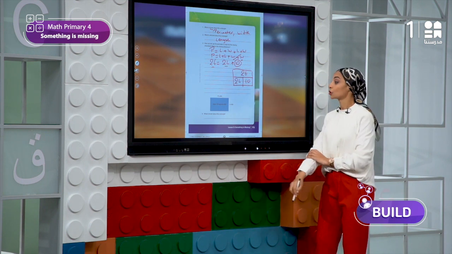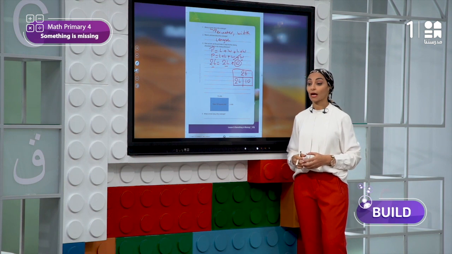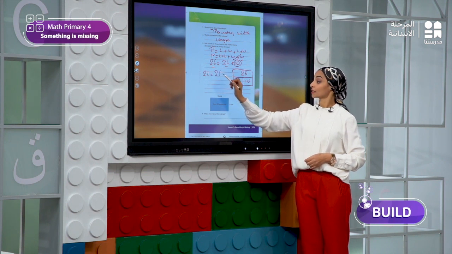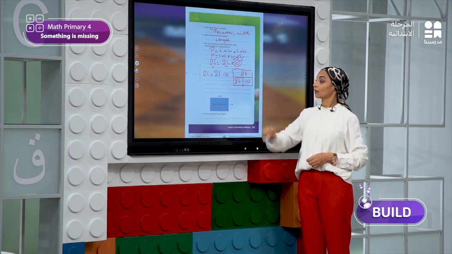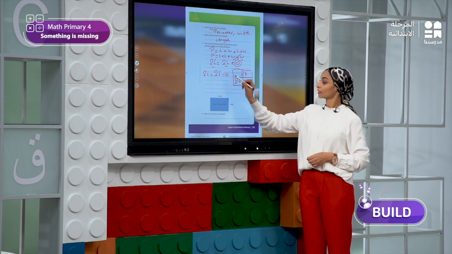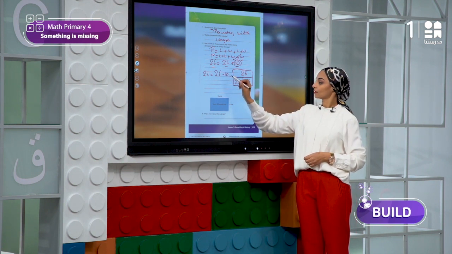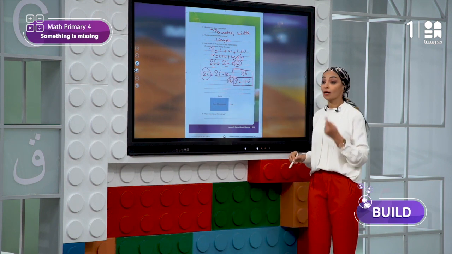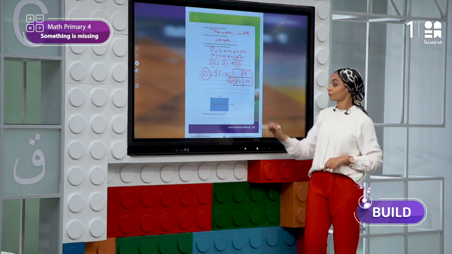Now to get 2 lengths, what should I do? Yes, I will subtract. So here, 2 lengths equals 26, the biggest number, minus 10. 26 minus 10 equals what? Equals 16. So now I have 2 lengths equals 16. Can I get just one length? Yes, of course.